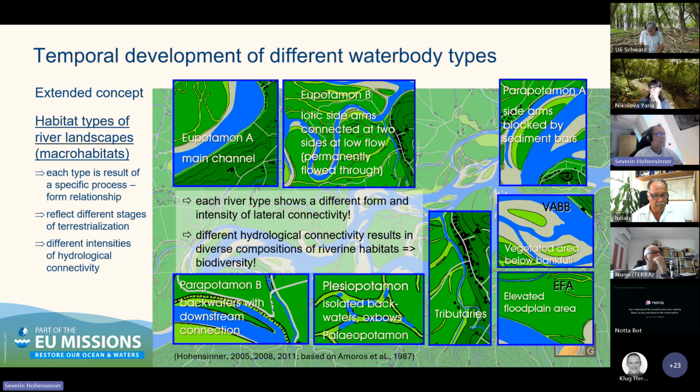And each river type or river section type, like at the Danube River, if we have a meandering section in the south of Hungary, or unbranching river sections, shows a different intensity of lateral connectivity, and different hydrological connectivity results in diverse compositions of river habitats, which means a different biodiversity. That's the background behind that.